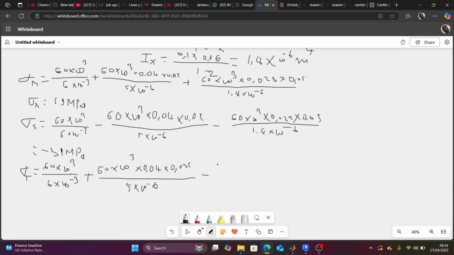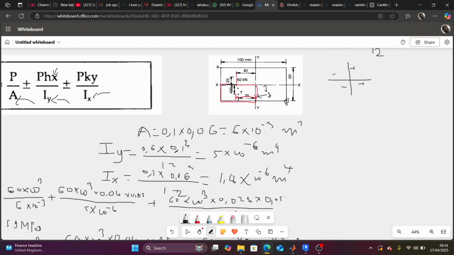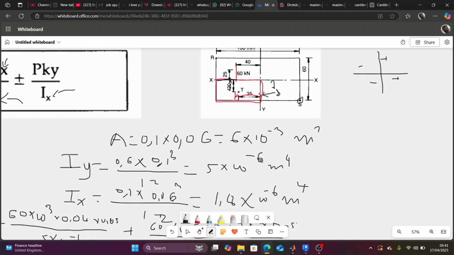So we have minus, again, 60 times 10 to power 3 times 0.025. That is not changing. What is changing now is the distance from where G is to y. What is that distance? 0.20. That is your y in this case.